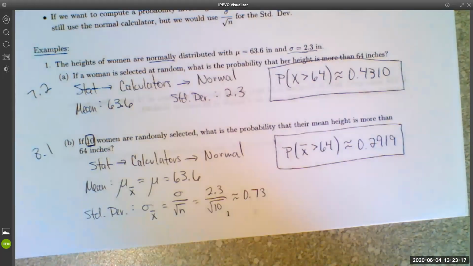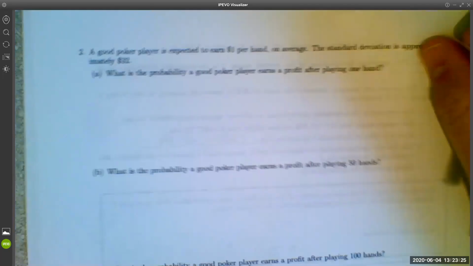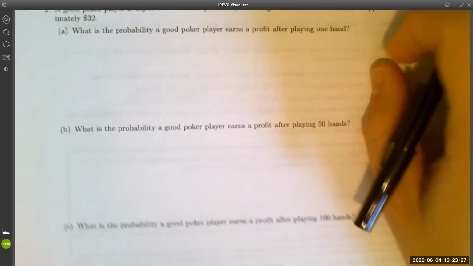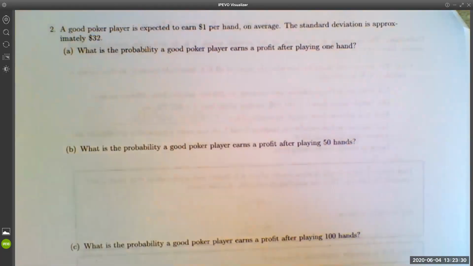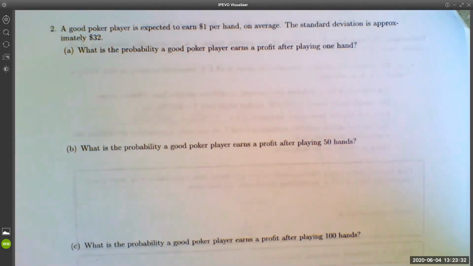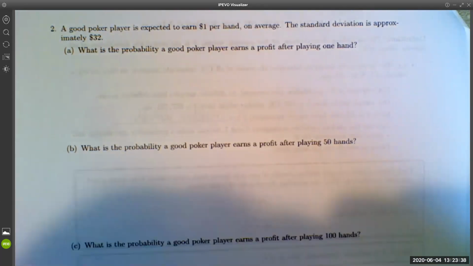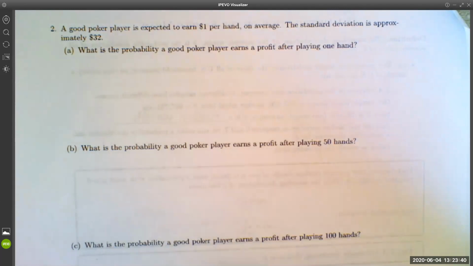Let me give you another example of this. Number 2 says, a good poker player is expected to earn $1 per hand on average. The standard deviation is approximately $32. I think this is referring to a specific game, since obviously they're not going to earn $1 per hand if you're not playing for money, but then it wouldn't really be poker, probably.